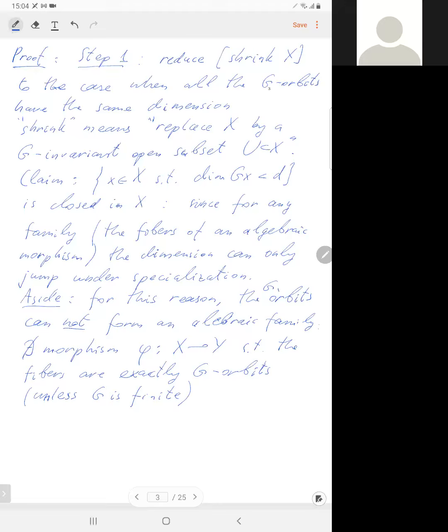Why is the subset of X, which is S such that dimension is less than d, not all of X? No, sometimes it is, but it depends. It may happen that from the very beginning, all the orbits have the same dimension. Then this statement is vacuous.